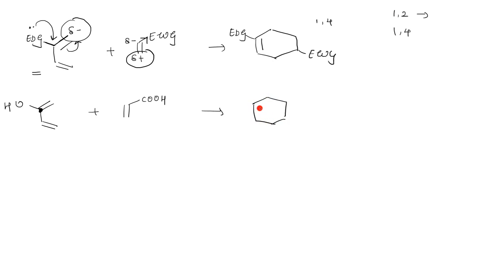So you can directly draw it. If OH is over here, exactly on the opposite side you will show the electron withdrawing group. And if you want, you can justify your answer. It shifts over here, so this has more negative charge. It's electron withdrawing, so this will have more positive charge. Wherever the negative charge is more and the positive charge is more, they will react with each other. This is how the reaction takes place.